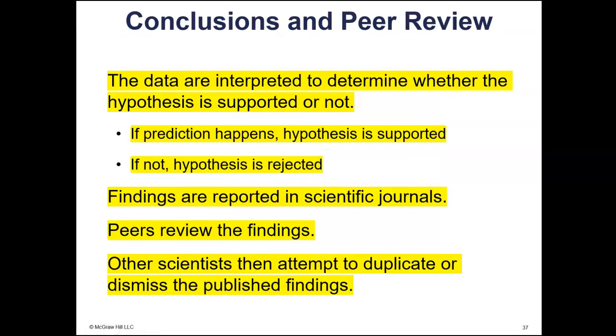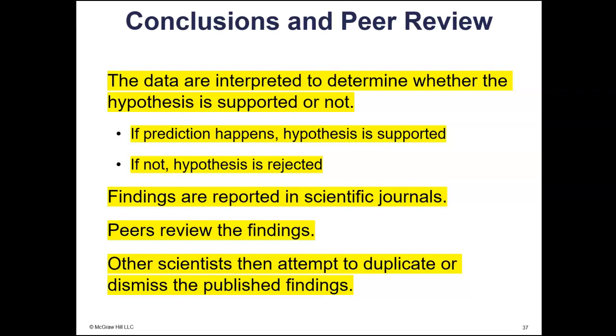So for conclusions and peer review, the data are interpreted to determine whether the hypothesis is supported or not. If the prediction does occur, then the hypothesis is supported. If the prediction doesn't occur, then the hypothesis is not supported, or we can say it's rejected.